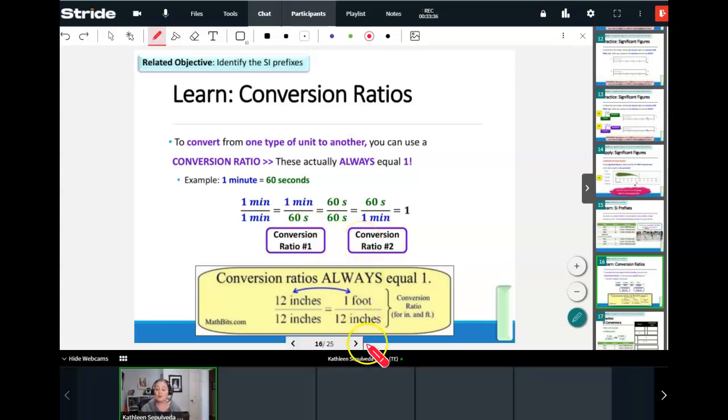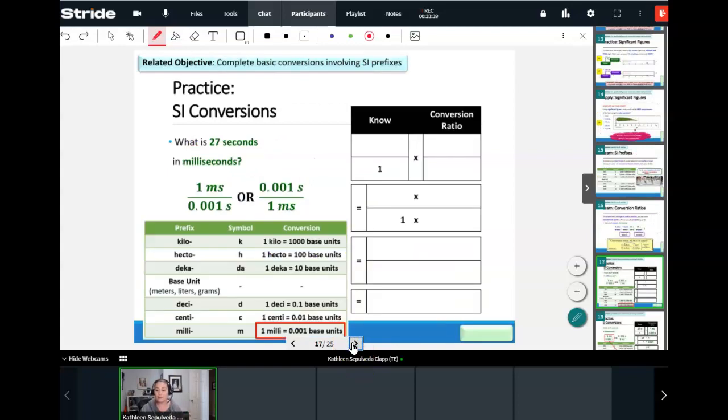So let's go ahead and put this into a little bit of practice, okay? I want to convert 27 seconds into milliseconds. Well, what is my known? My known is always going to be the one with the number. So what number do I have in my problem? Who can tell me? Good, Anaya.